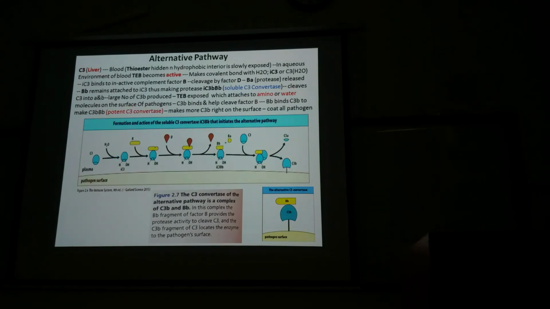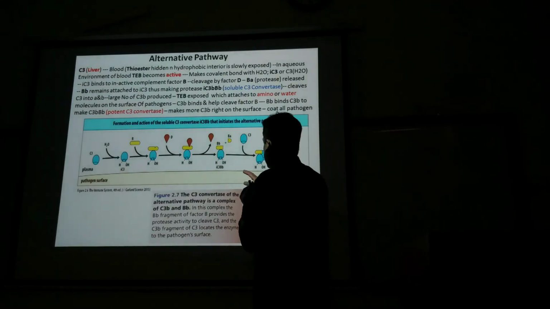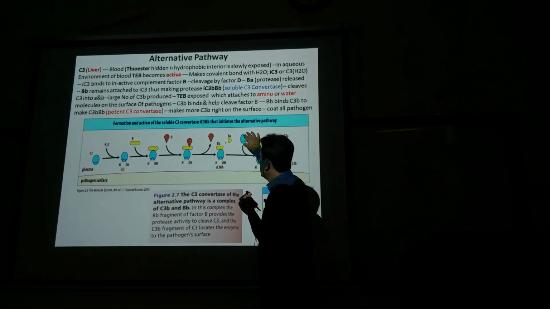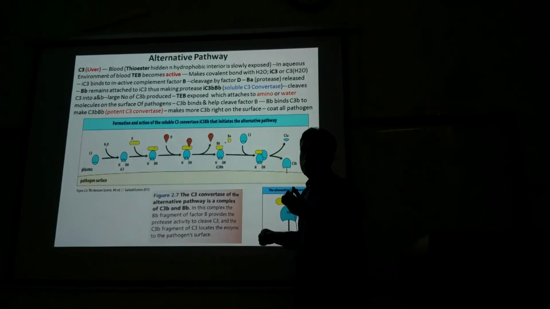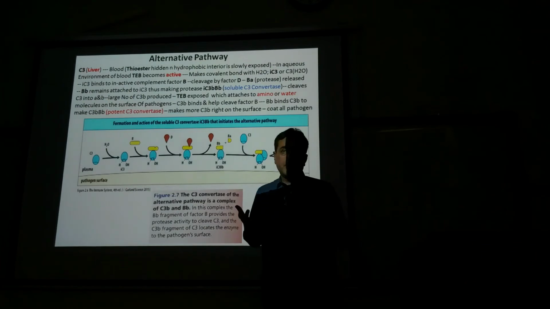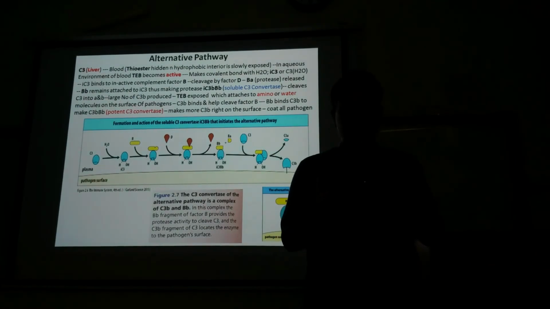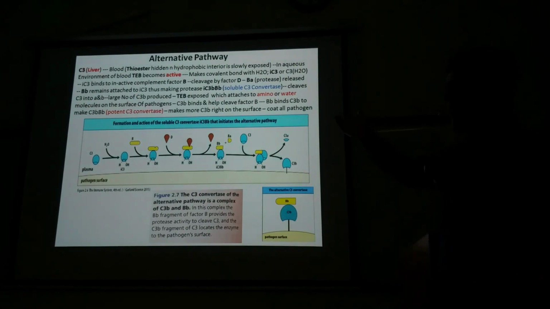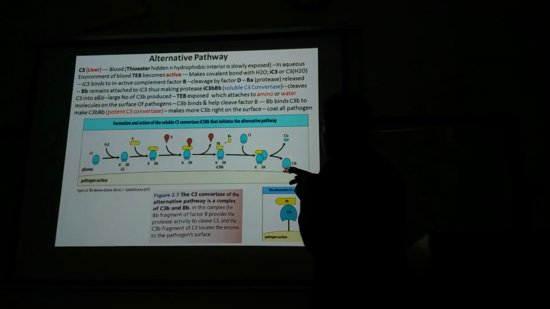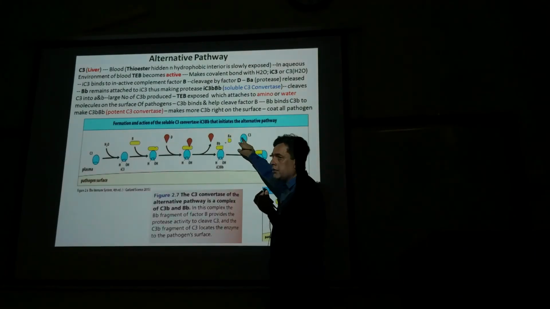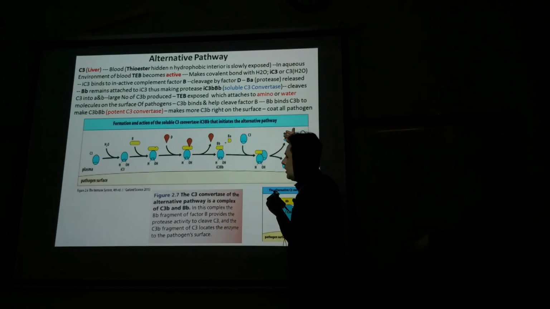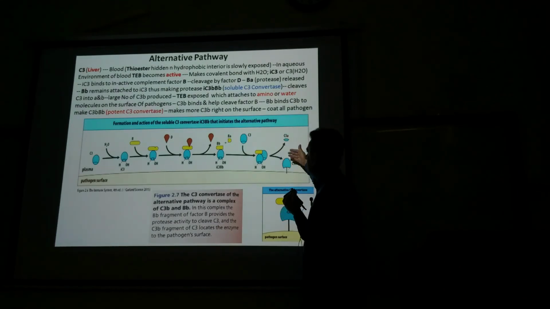But this soluble C3 convertase still is efficient enough to cleave complement 3, which is abundant there in the blood and in other tissues. So when it comes around with C3 in the surroundings, it's going to cut this C3 into a smaller part and a bigger part, an a part and a b part.